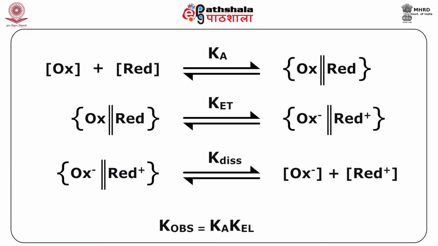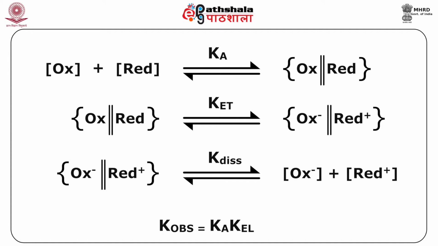So the general mechanism is that an oxidant comes into contact with a reductant and forms a bridge of oxidant and reductant where both the coordination spheres are intact, and now this mixture of oxidant and reductant, which are close enough, further undergoes the electron transfer process where the oxidant becomes negative in charge and the reductant becomes positive in charge.